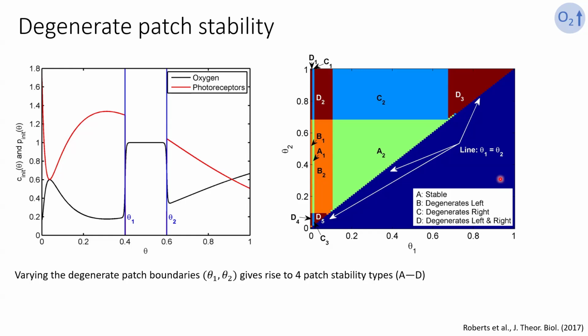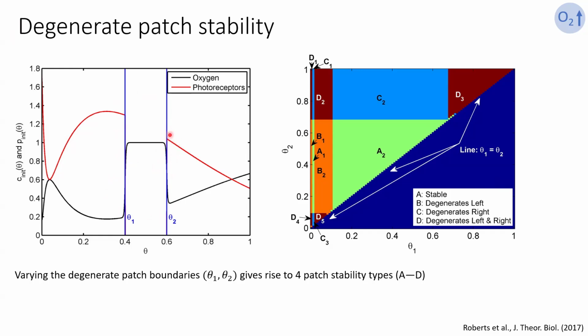So if we're looking at degenerate patch stability, and whether or not these patches will remain fixed in size or expand in terms of the oxygen toxicity hypothesis, then it's helpful to go back to this diagram I showed you earlier, where we've removed a patch of photoreceptors between θ1 and θ2. If the oxygen concentration at this right-hand boundary was above the oxygen toxicity threshold, there would be some region to the right of the boundary where the oxygen concentration was still above that hyperoxic threshold, but in which photoreceptors were currently healthy.